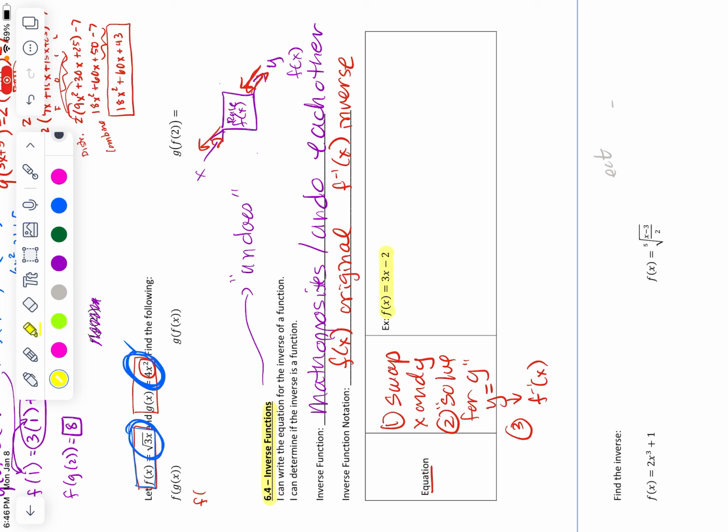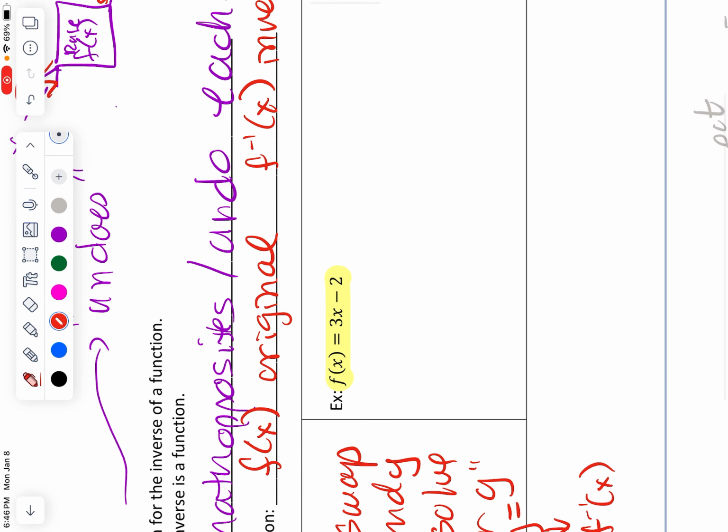So if this is my original function, this is just kind of a fancy way of writing y. So I'm going to write it as y equals 3x minus 2. Then I'm going to do step 1, which is to swap the x and the y. So this goes here and this goes here. So swap and solve. That's all you're doing. Now I need to get this y alone, and so I'm going to do that by using algebra 1.